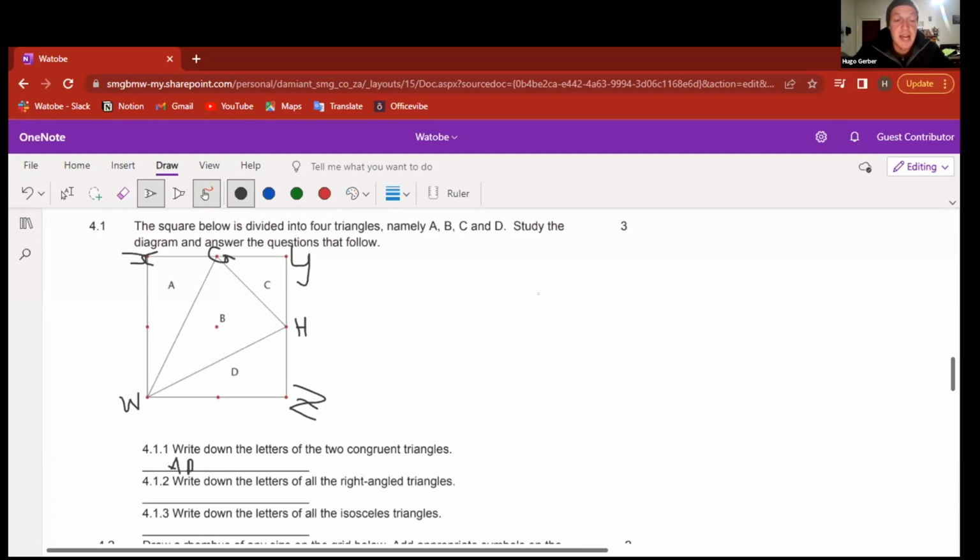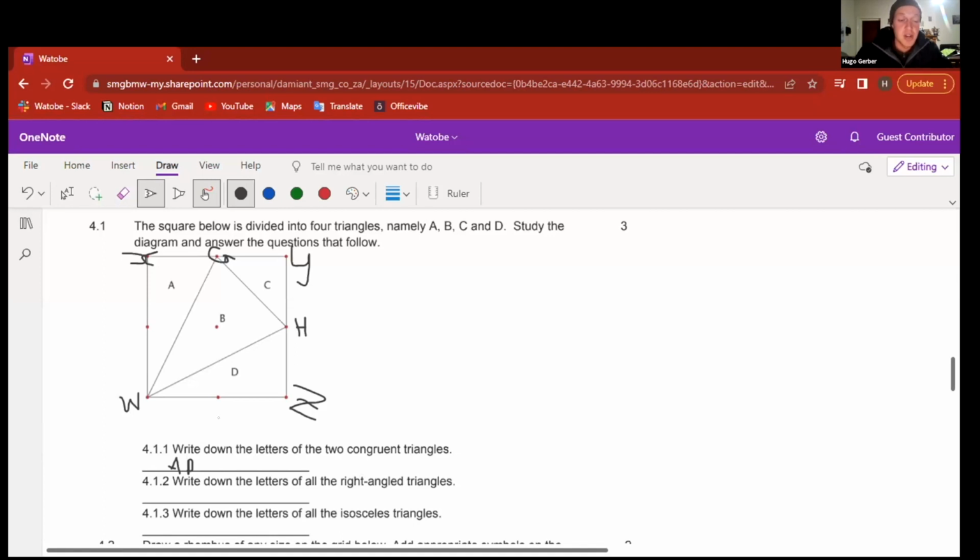They look the same. Let's have a look at Y and H. Everybody, eyes on the screen. Y and H and Y and G. If you had to guess, don't you think that they are the same? It's two short ones for Y and H and Y and G, so they have to be the same. And for W and H and W and G, we have two long ones.